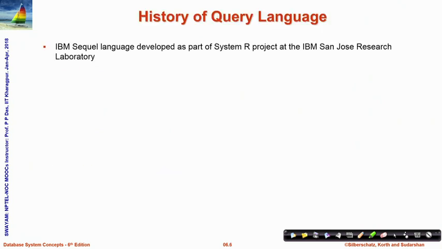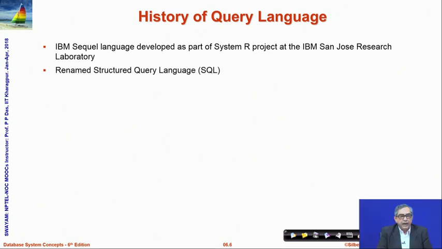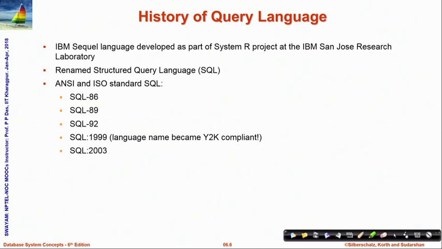SQL was originally called IBM SQL language and was a part of System R. It was subsequently renamed as structured query language, and like any other good programming language, SQL also gets standardized by ANSI and ISO.